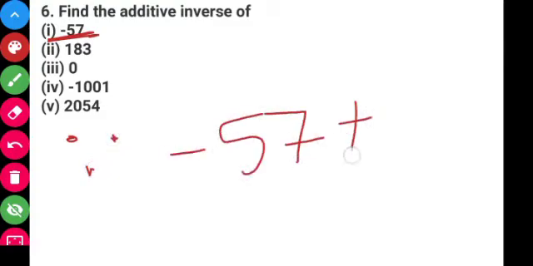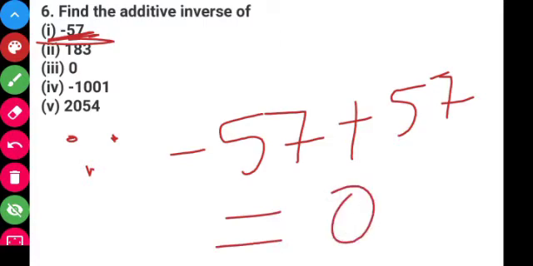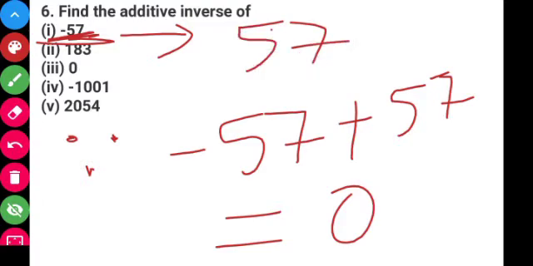That means, which number should we add to this number so that 0 comes, that number will be its additive inverse. So you can write: since minus 57 plus 57, when you add 57 to minus 57, you will get 0. Therefore the additive inverse of this is 57.